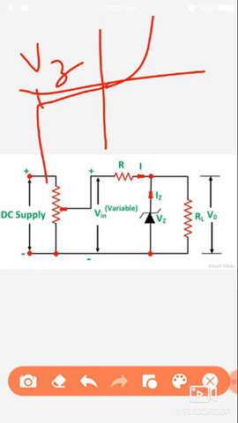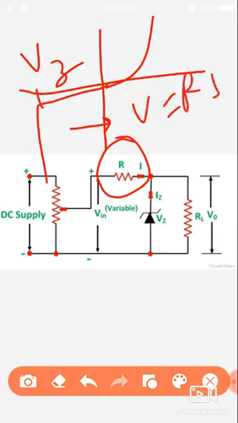When current passes through this circuit, some potential drops at R by Ohm's law, V equals R into I, and the rest of the voltage drops at the load resistance RL.